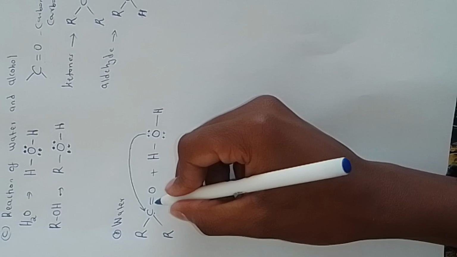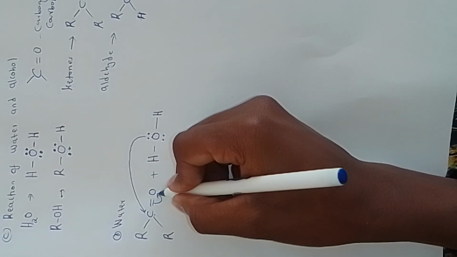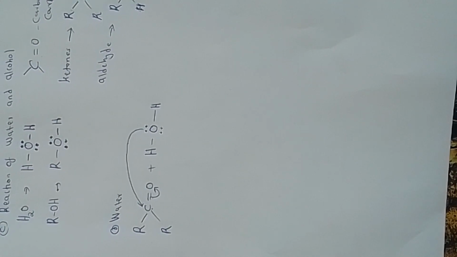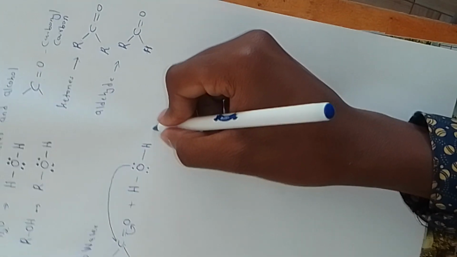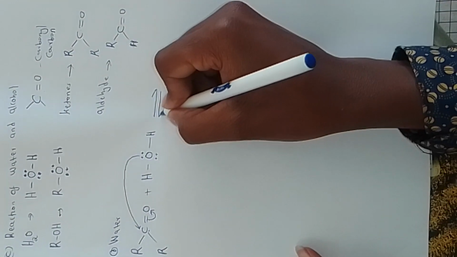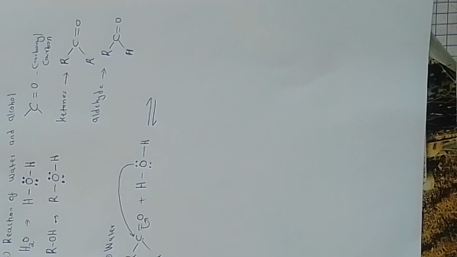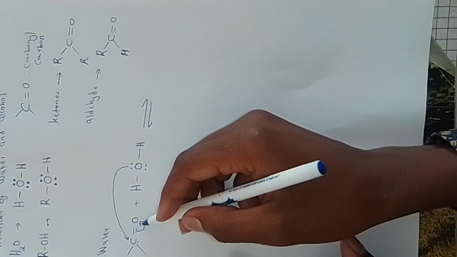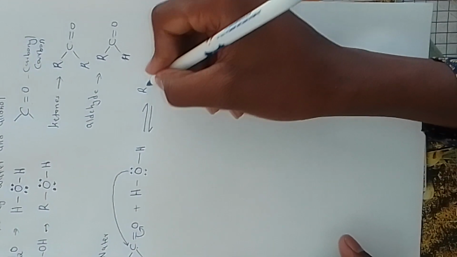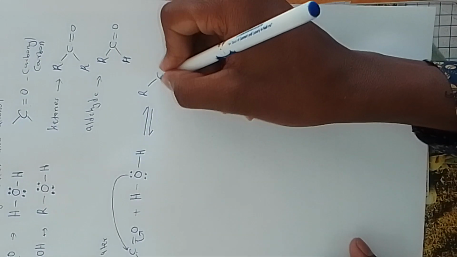When the carbonyl carbon is attacked, it opens one of the bonds with oxygen. So one of the bonds will open up, and the electrons which were used for bonding will return back to oxygen. This process is reversible. So this bond opens up, and the result will rearrange itself like this.